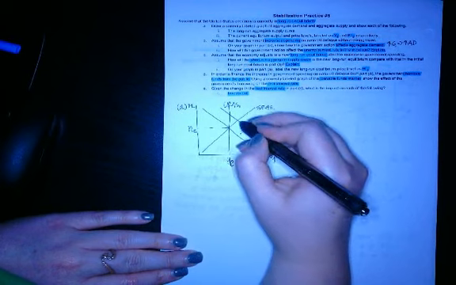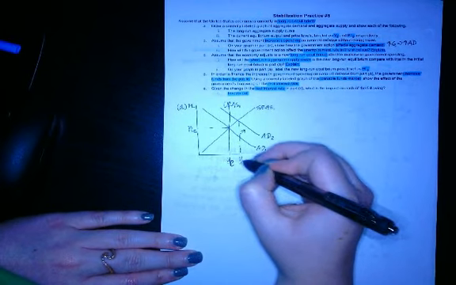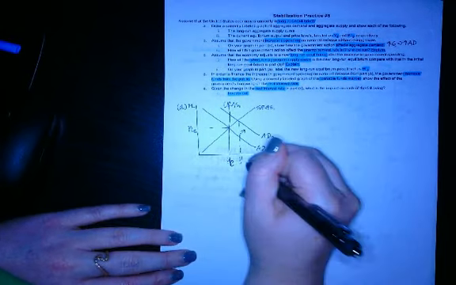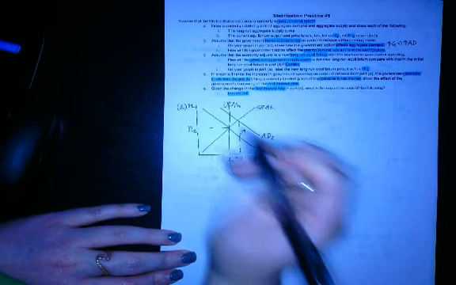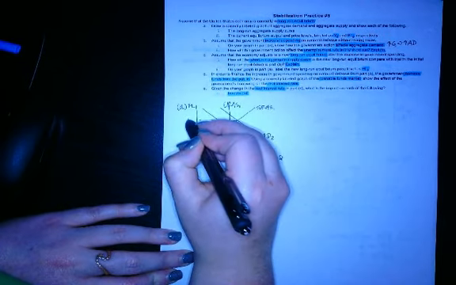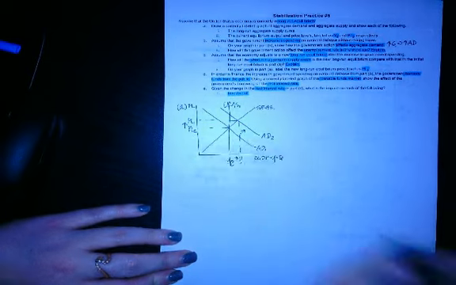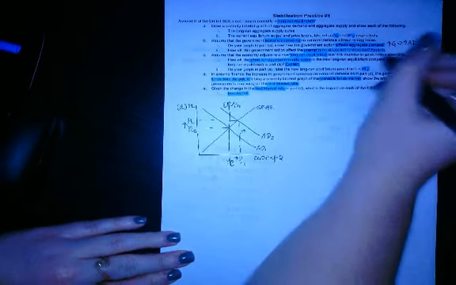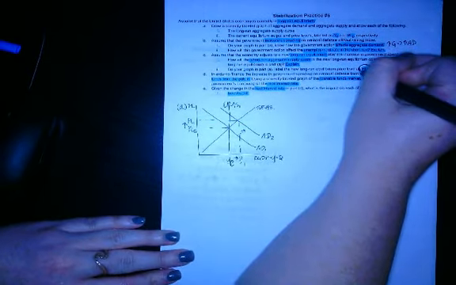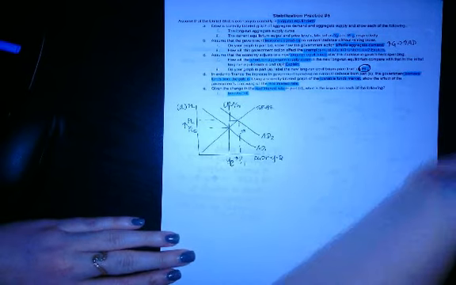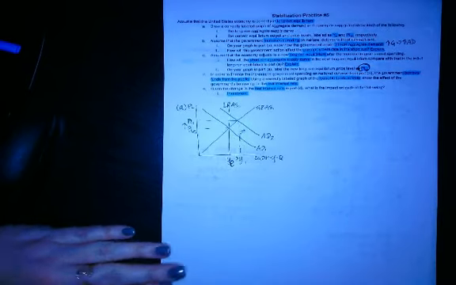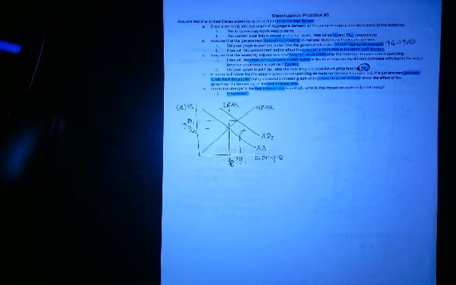And I'm going to call this Y1. And I'm going to call this PL1. Why am I using 1s instead of 2s? Well, I remember reading a PL2, and I'm not there yet. So there's one more move that I have to make here, so I'm going to go ahead and use 1s.